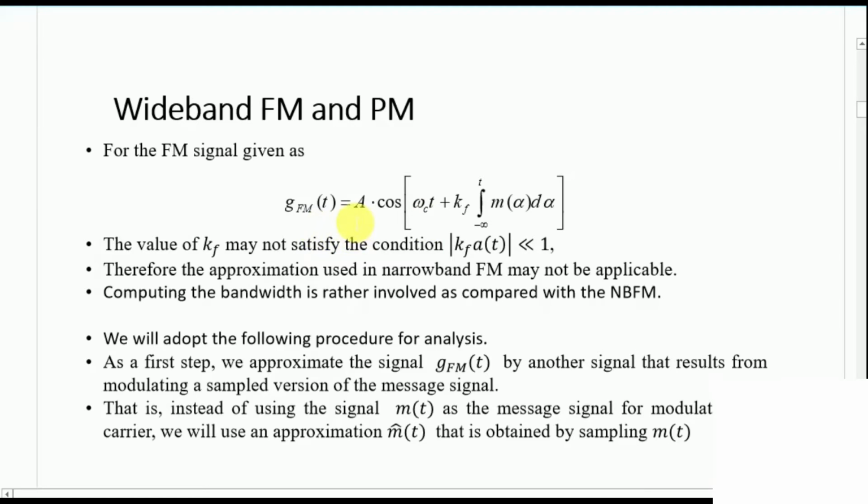By the way, just on a side note, if you are going to take the power of this modulated signal, so if this is a cos function and then inside the argument, let me just write it here.